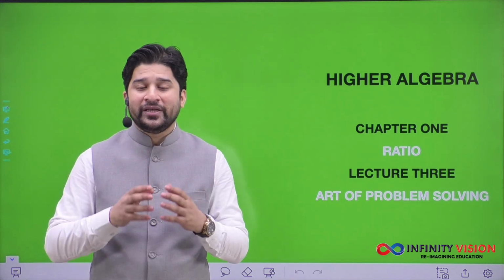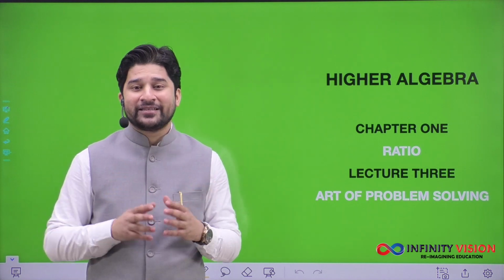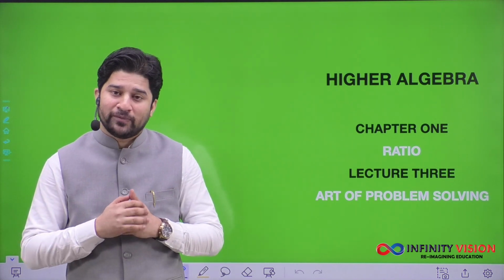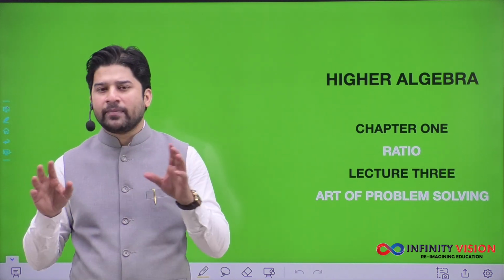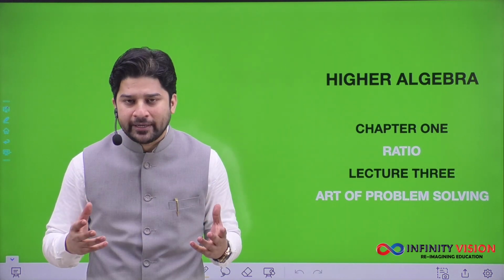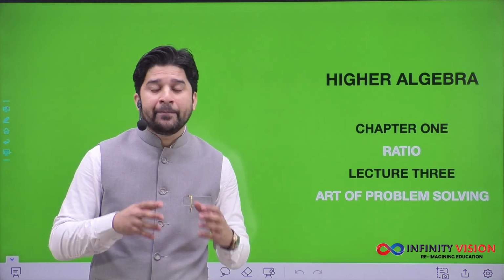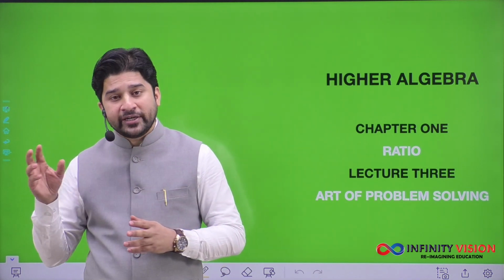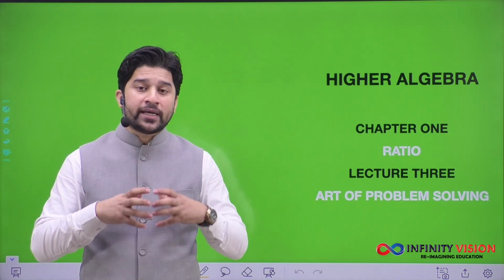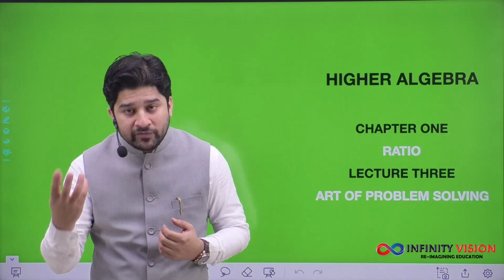But before we go further, we must understand what exactly this art of problem solving is. So whenever you encounter any mathematical problem, how should you begin? You should always begin by reading the question properly. Why do you have to read the question properly? So that you can understand the demand of the question.